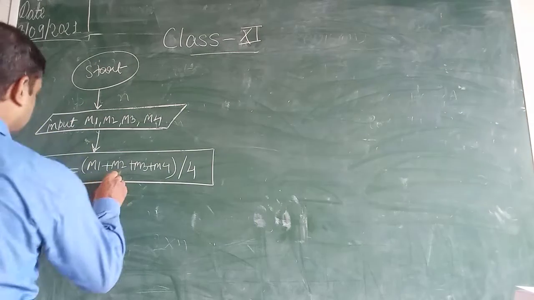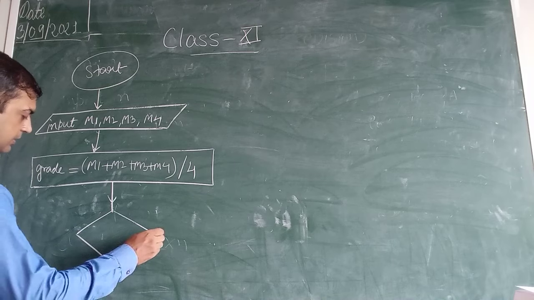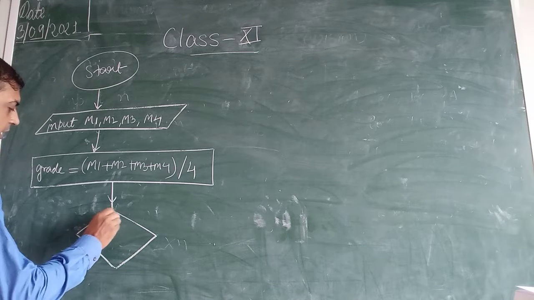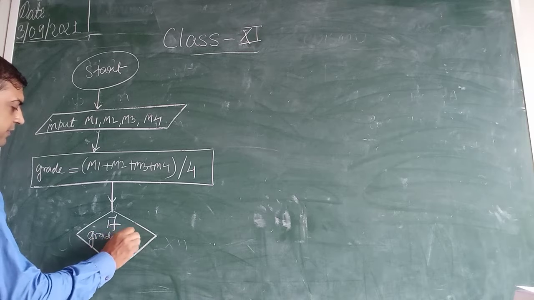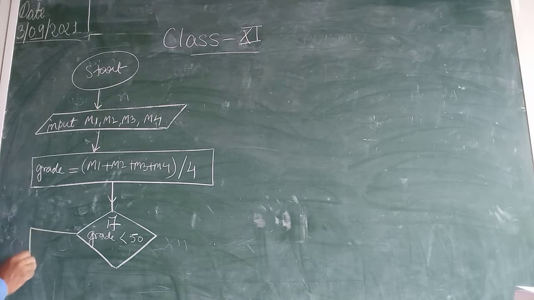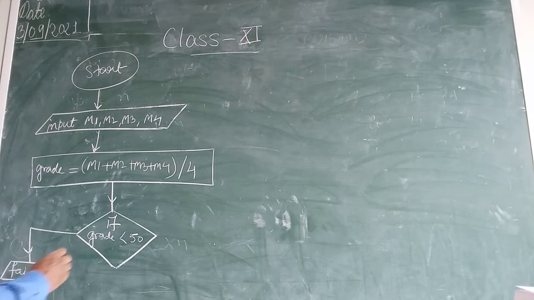Now you will take the decision: less than 50. So this is fail. You have printed this is fail, this is the output.